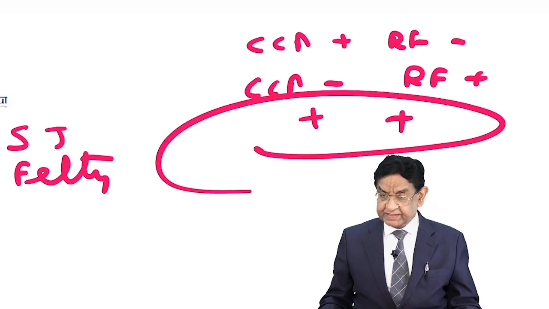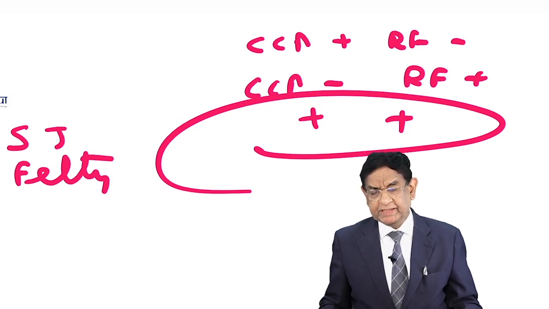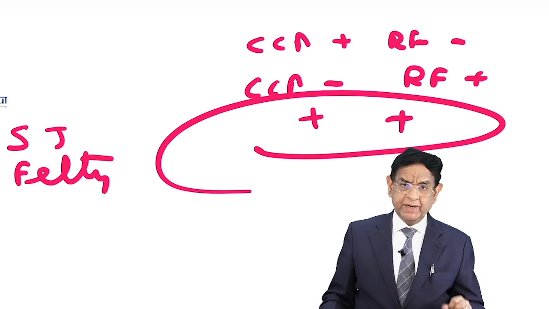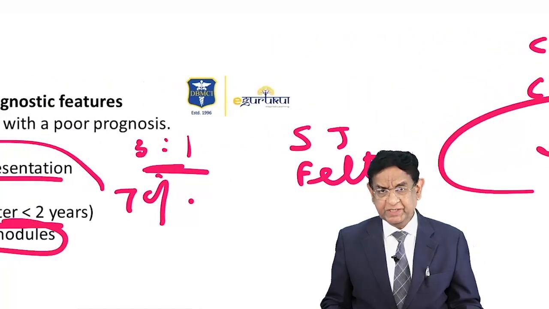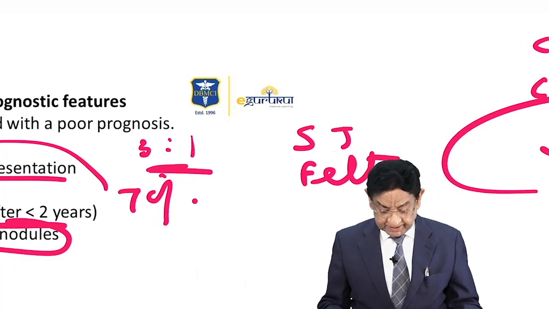Then definitely both positive is the best criterion. The point to be noted, the presence of these two antibodies really has documented poor prognosis. So there are two right answers, but choose the most appropriate, which is anti-CCP antibody.